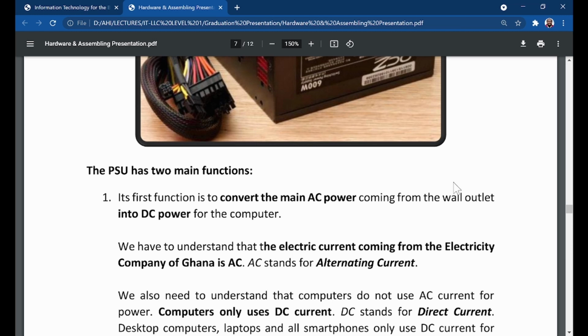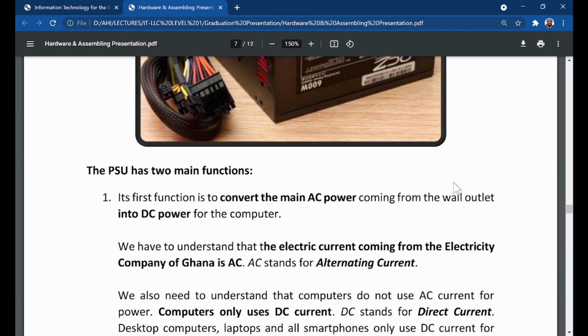Computers and other electronics do not use alternating currents at all. Computers only use direct current or DC. So we have AC and we have what? DC.